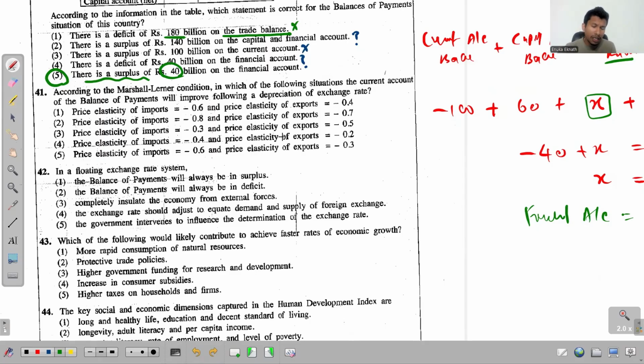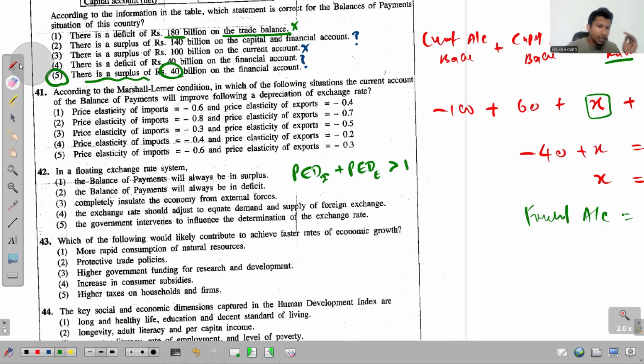So what is this condition? Price elasticity of demand for imports plus price elasticity of demand for exports has to be greater than 1. If that holds, depreciation of the rupee will make a favorable impact on the BOP.